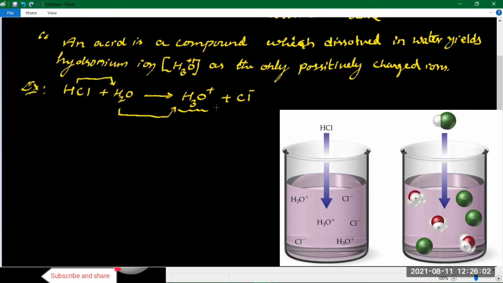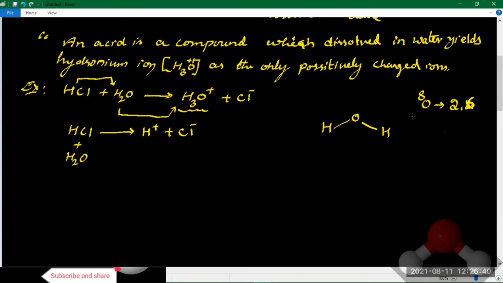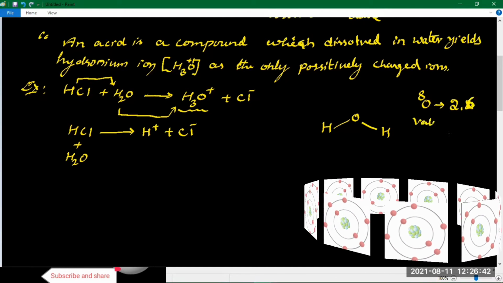In detail, if you study this equation, initially HCl, when dissolved in water, H2O, decomposes or ionizes in water to produce H plus ion. Now you must remember, water is made up of two kinds of elements, hydrogen and oxygen. The atomic number of oxygen is 8, whose electronic configuration is 2,6. That means the valency of oxygen is 2.